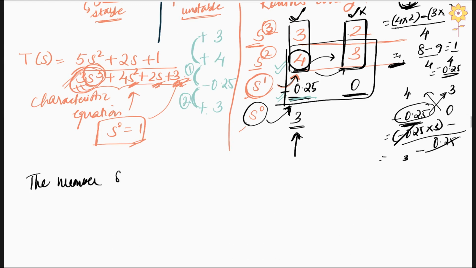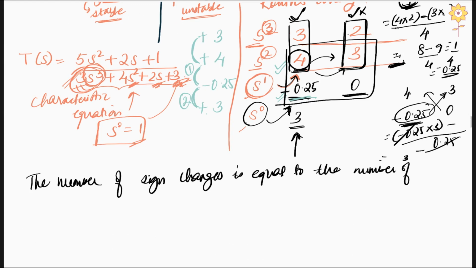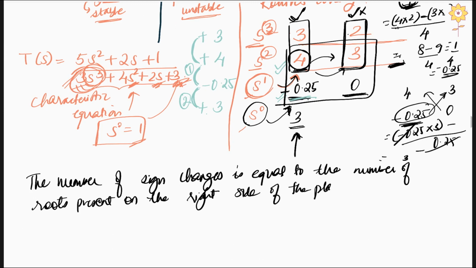The number of sign changes is equal to the number of roots present on the right side of the S plane.